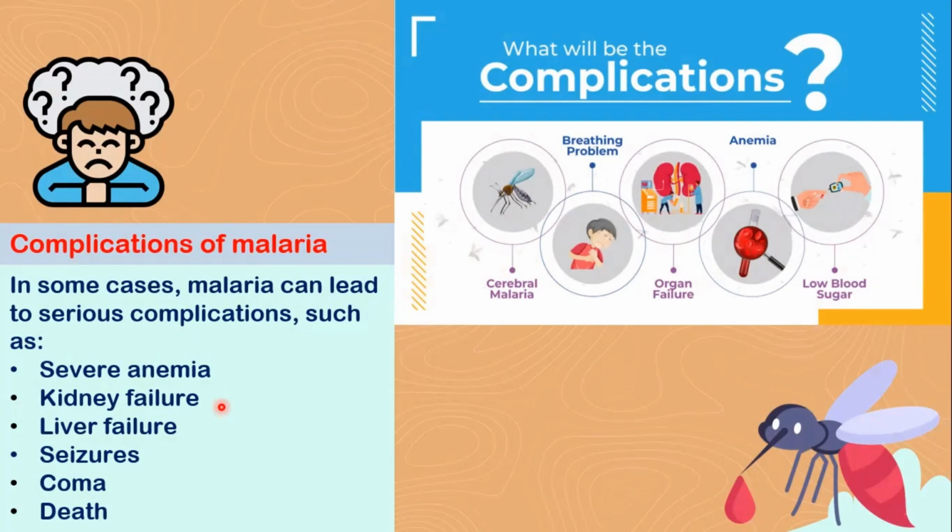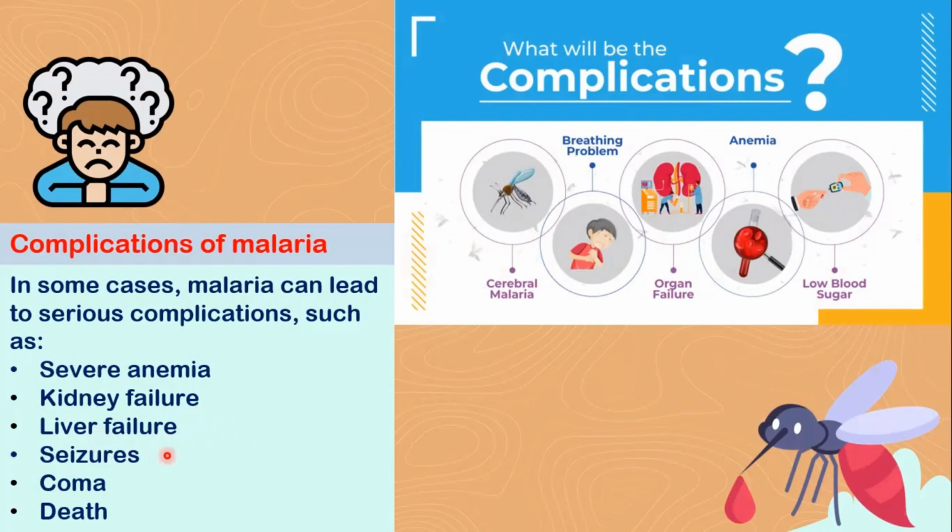So if you have malaria, this can affect the kidney, and the kidney will fail to do its function. The third one is liver failure. Malaria can damage the liver, which can lead to liver failure. Liver failure is a condition where the liver can no longer function properly.